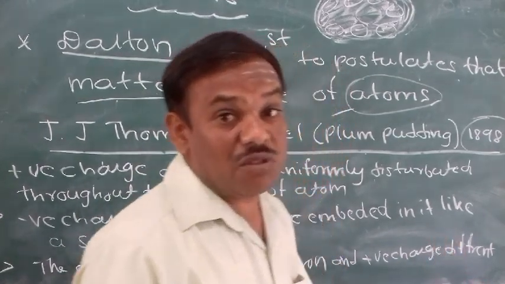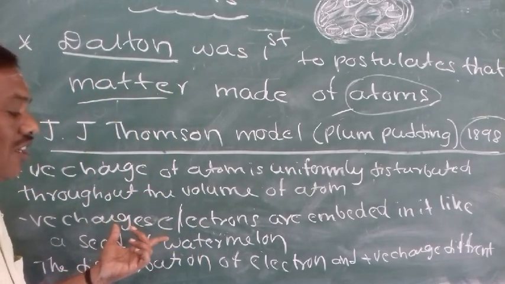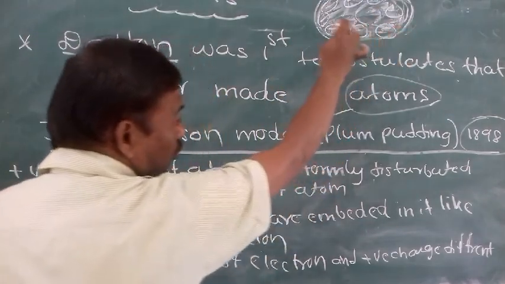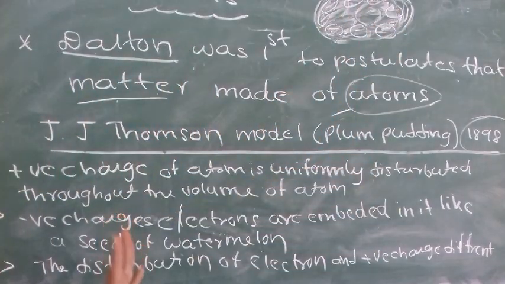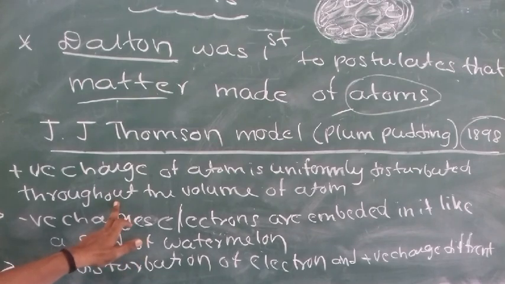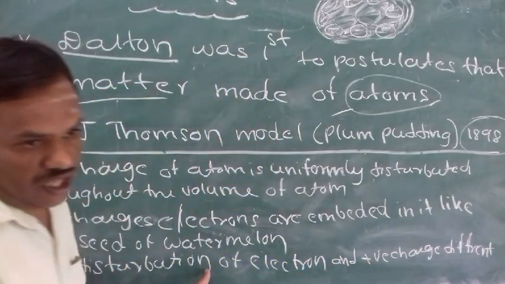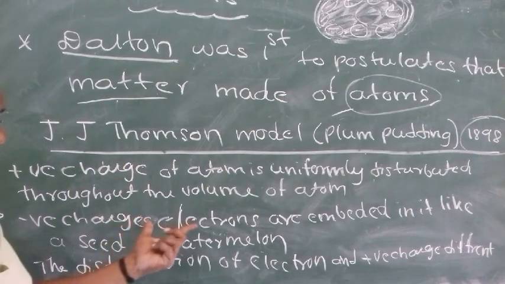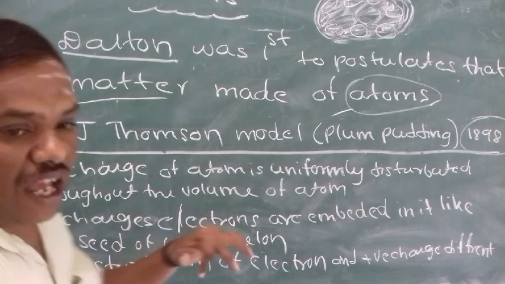As research went on, other scientists did not accept these two points: that the positive charge is uniformly distributed throughout the volume of the atom, and that the negative charges are embedded like the seeds of a watermelon. They found that the distribution of positive and negative charge is different, so this theory was rejected and another theory was given.